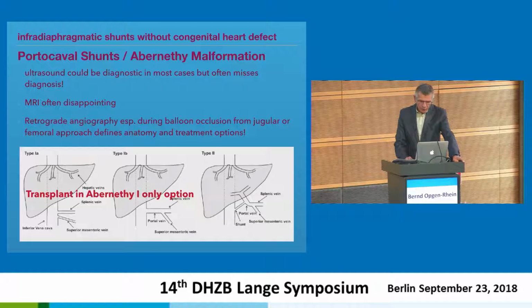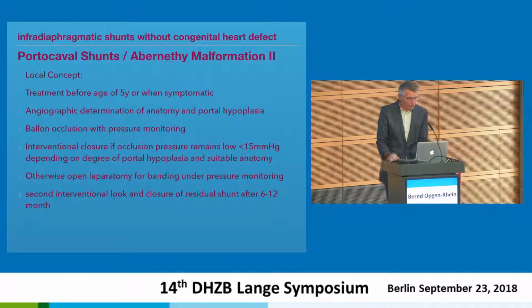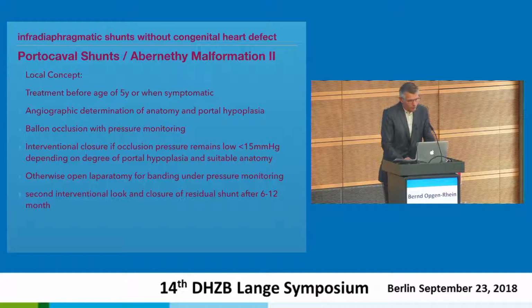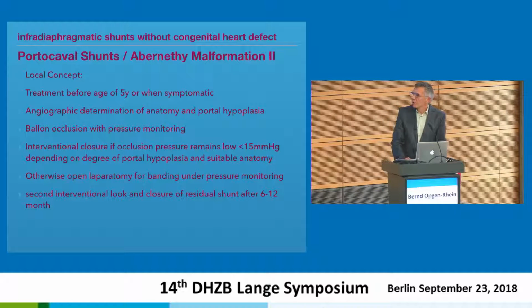We developed a local concept for treatment of these patients before the age of 5 or when they are symptomatic. We would like to do angiographic determination of the anatomy and the degree of portal hypoplasia, and do a balloon occlusion whenever possible with pressure monitoring, and try to perform interventional closure of the shunt if the occlusion pressure remains low, maybe below 15 millimeters of mercury, depending on the degree of portal hypoplasia and the anatomy, which is not always suitable for balloon occlusion and interventional treatment.